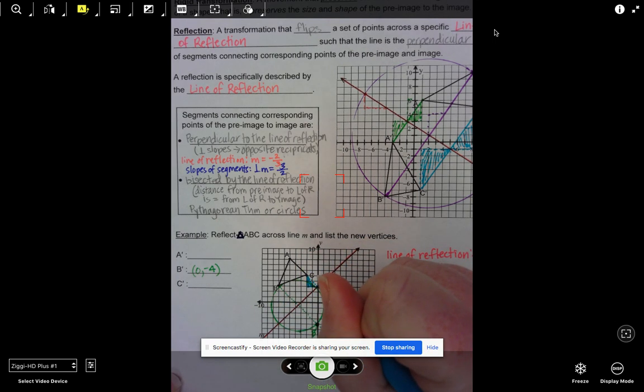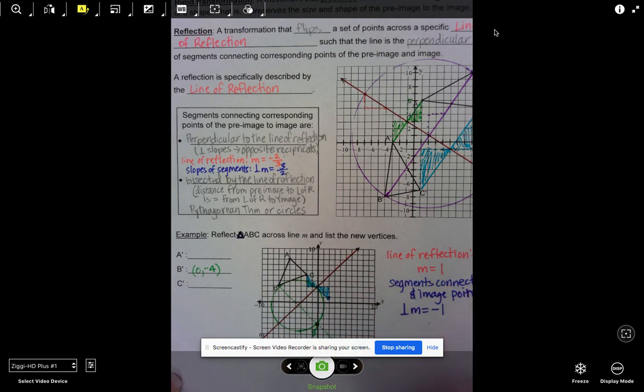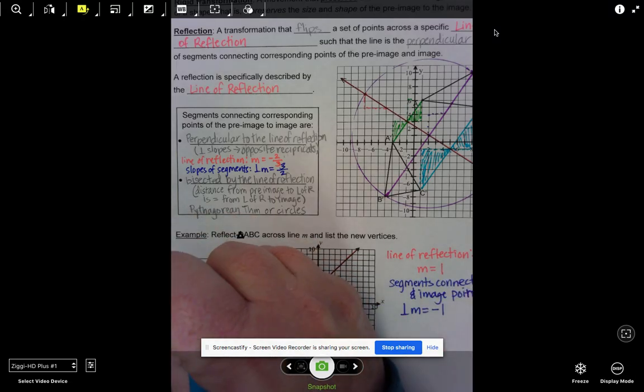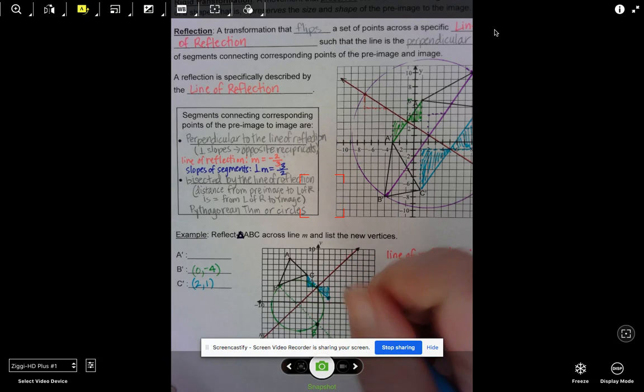So I need to do the same thing here. So do you see I have that matching triangle? They both have rise and run of down 2 over 2, down 2 over 2. So this would be my C prime, and my C prime is at 2, 1. So I want to make sure to label this.